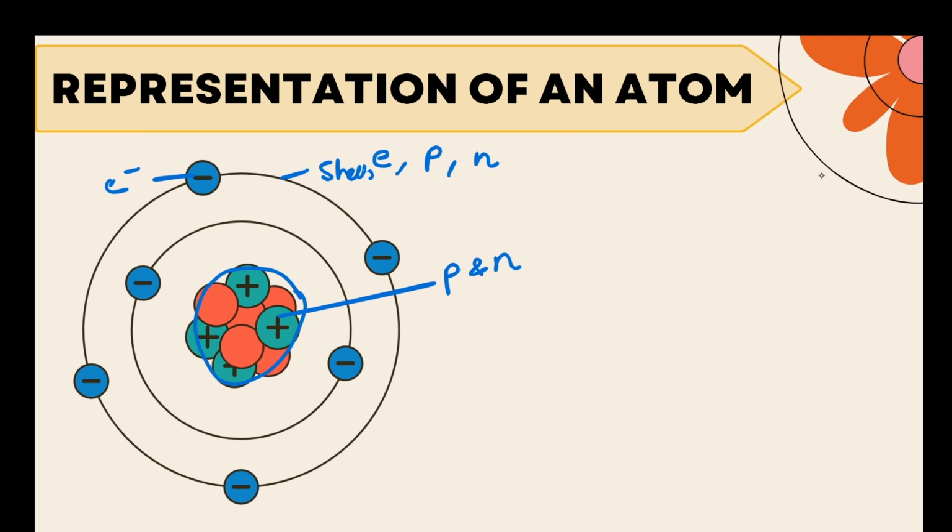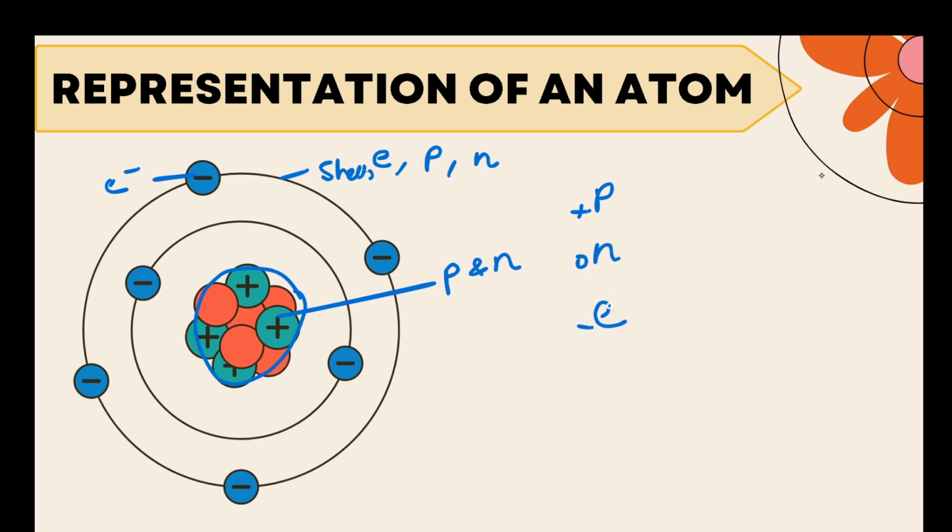Now to represent the subatomic particles, how they will be represented in terms of the charge and mass, we have protons, we have neutrons and electrons. Now the charges will always be written as a subscript. Protons have a positive charge, neutrons are neutral and electrons have a negative charge.